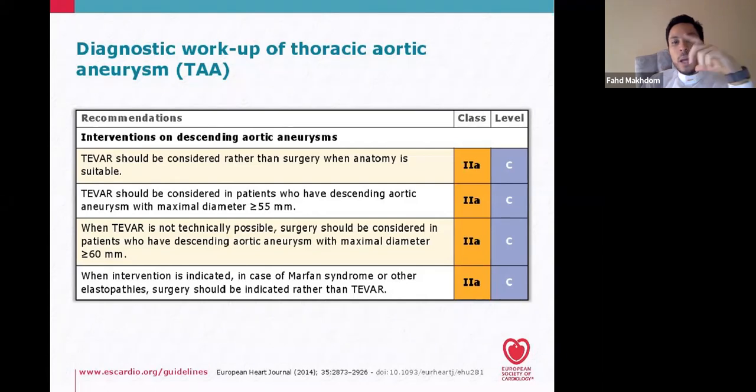Let's just have a quick discussion about descending aneurysm, dissection, and TEVAR before we move forward to do some practice cases. Were any of you involved in the descending aneurysm service, or descending aorta service, or TEVAR, or have you done it during your training? Because I know most of the cardiac surgery centers here are not doing TEVAR.